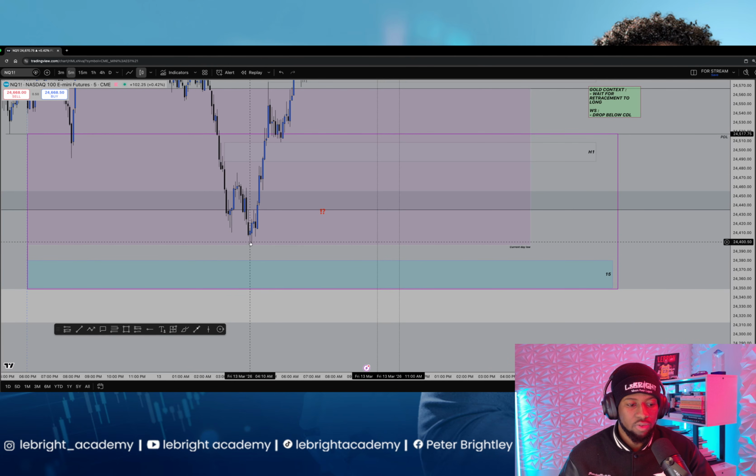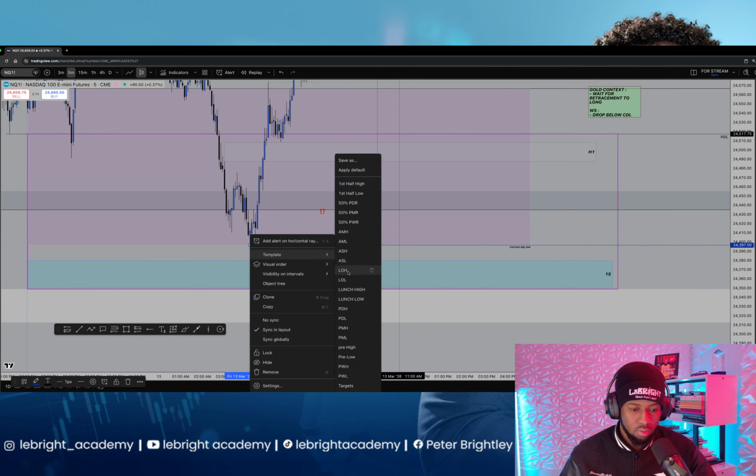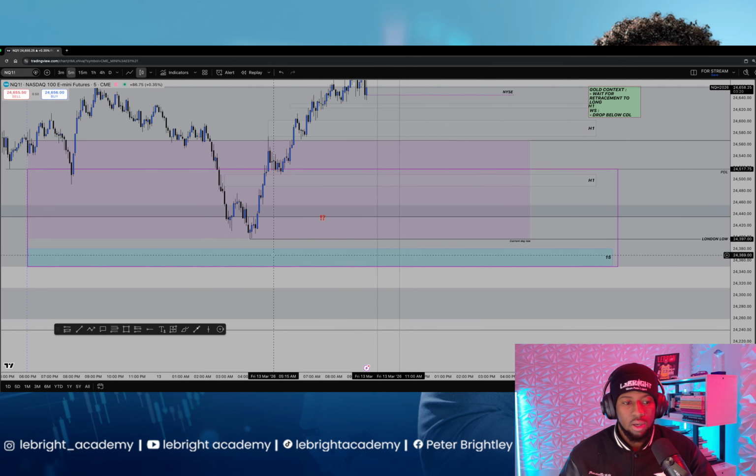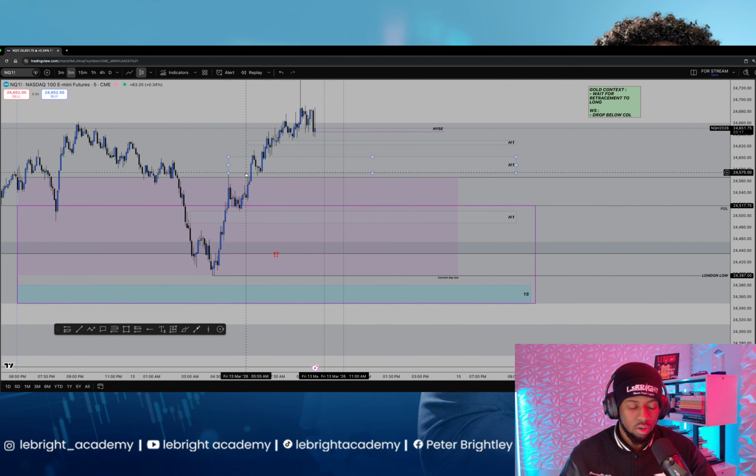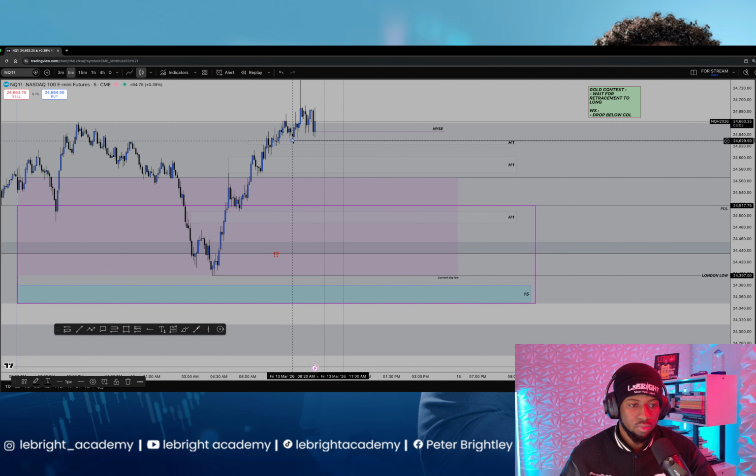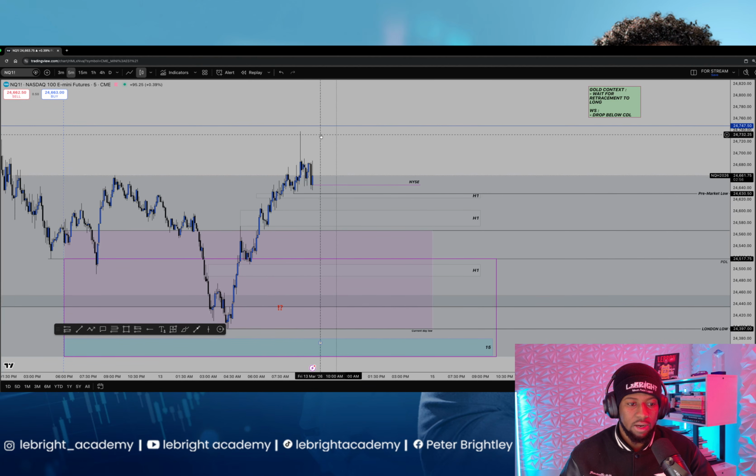We can see the current low of day set a small manipulation, and it's not the best reaction ever, but you can still consider it. And that's the low of London. We create the low of London right here, and we have the opening of the session, the opening of London, New York right there. So that's pre-market low right there. That's pre-market low, and that's pre-market high.